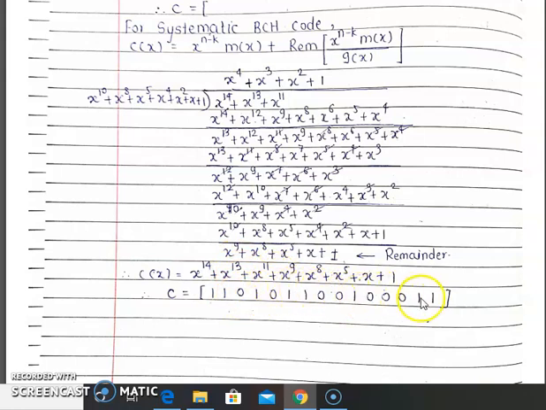Likewise, we get these 15 bits as the code word, and check that the first 5 bits, 11010, are your message bits and the remaining 10 bits are the parity bits or check bits. So we can easily separate the 5 message bits and the parity bits. So this is the systematic code word.